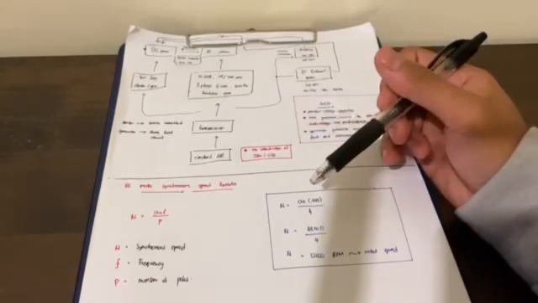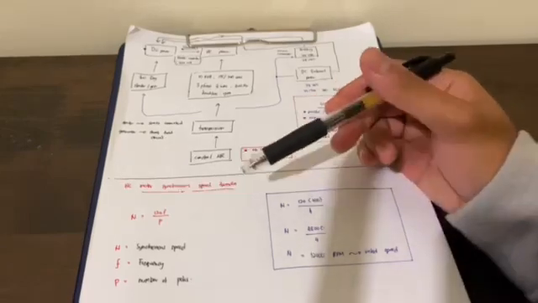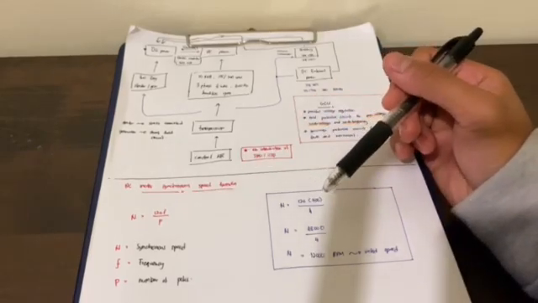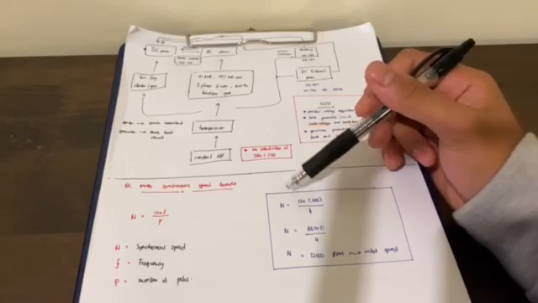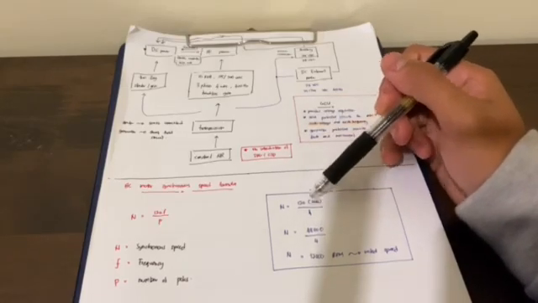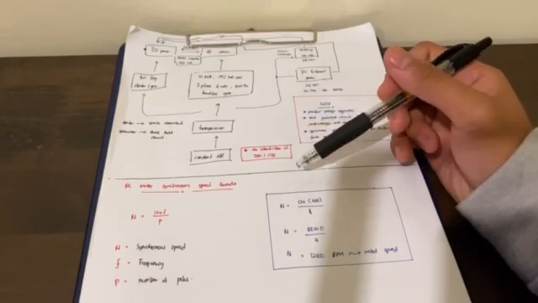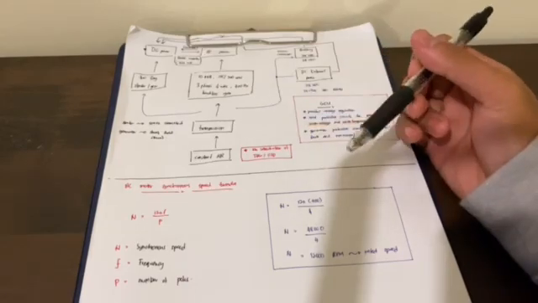You just fill up all the requirements for the formula, and you will get the rated speed for the RPM for you to get the 400 Hz on the AC generator.